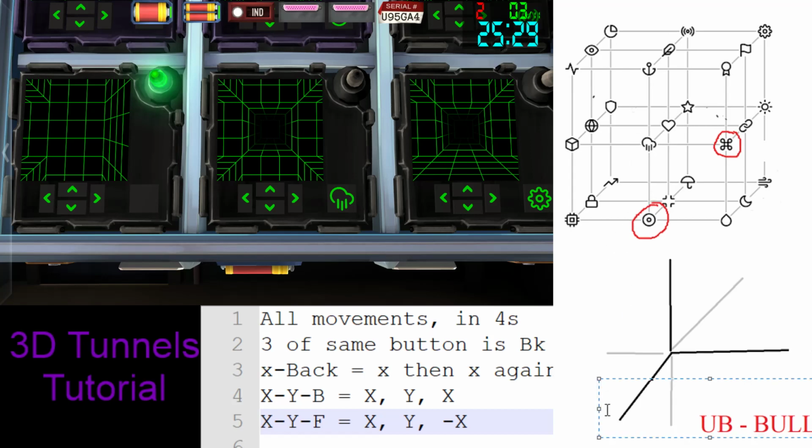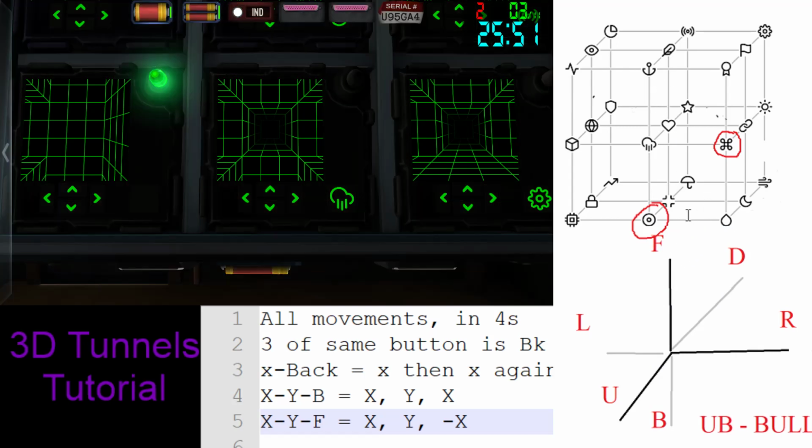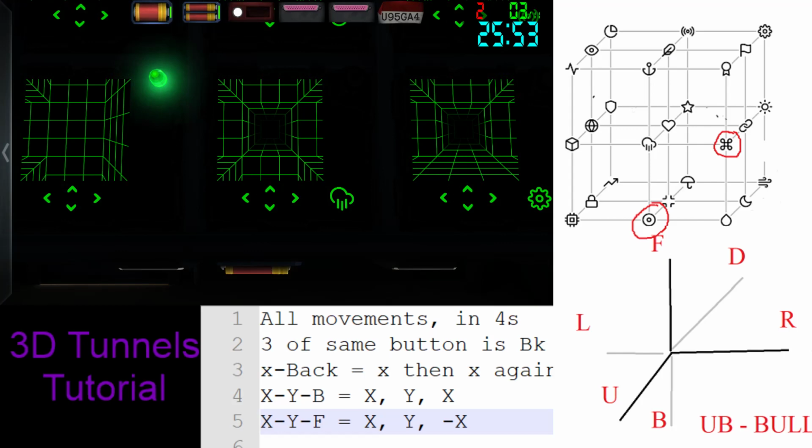So this is obviously the up part. This was up right. So right is over here. And this one had a back component, so kind of down is back. So we see here that that leaf is on F.